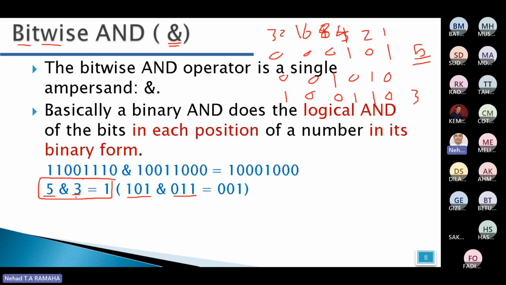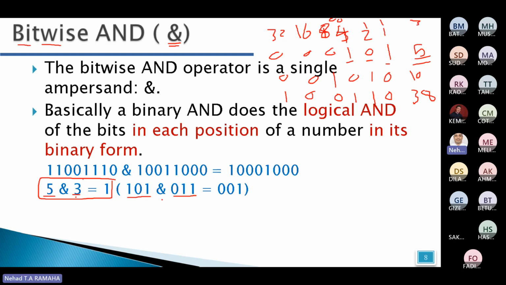So this is 38, this is 10, and so on. So 5 is 1, 0, 1. 3 is 1, 1, and the remainder will be 0. This is 3.